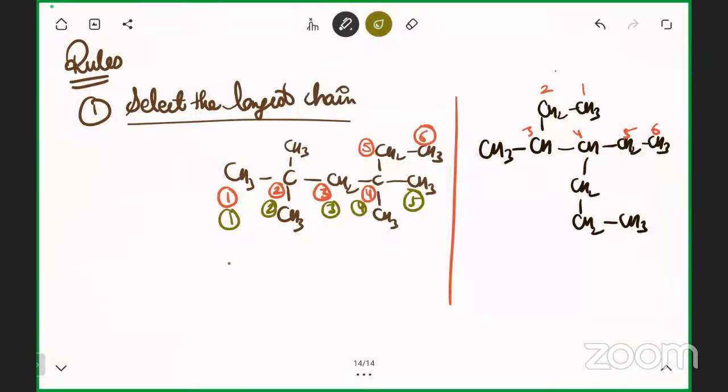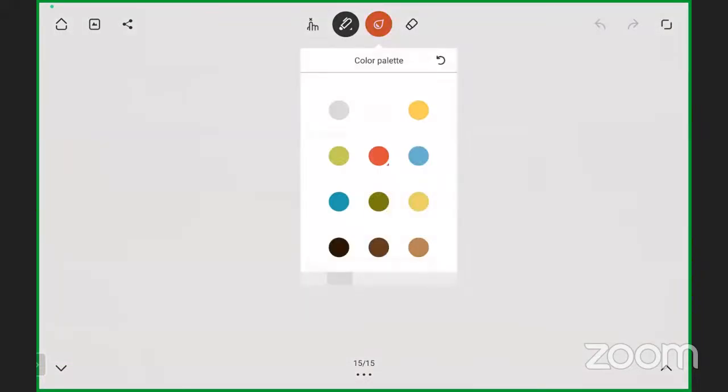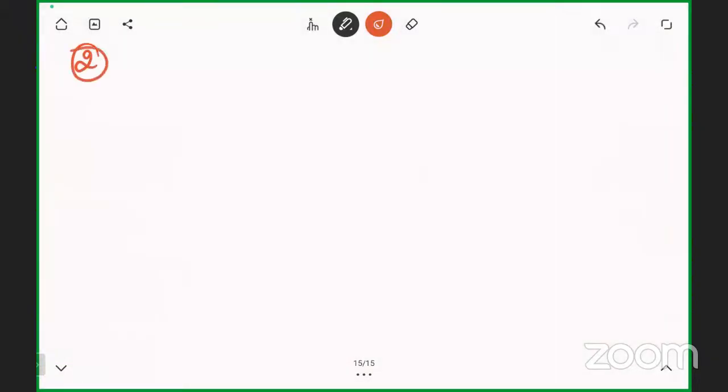Another one is 1, 2, 3, 4, 5, 6, 7. Which one is correct, red or green? Green. Here green is correct, just because we are getting the number of carbon more. So the first rule is you have to select the longest chain with the number of carbon atoms more.